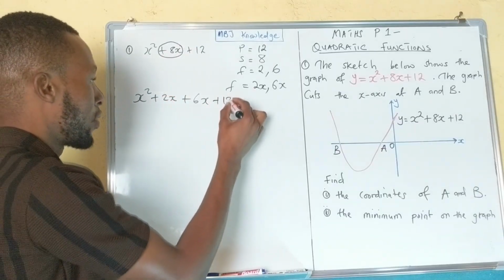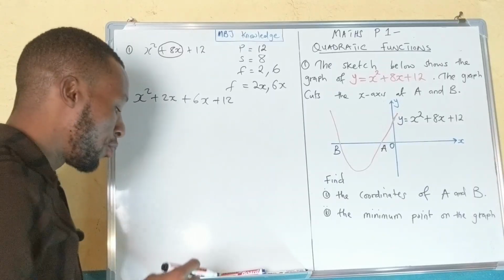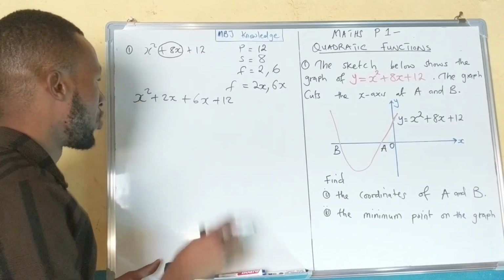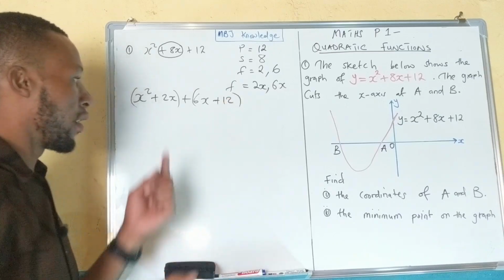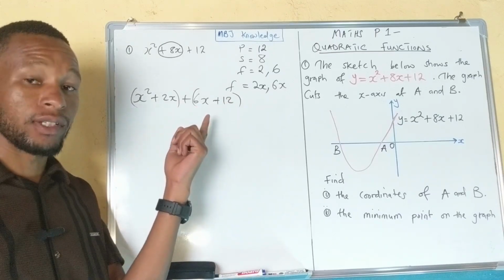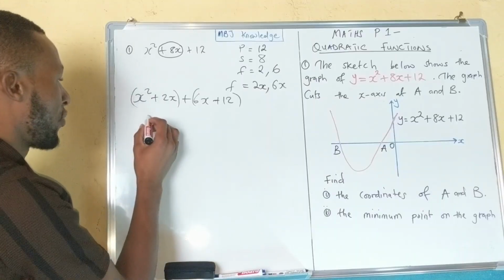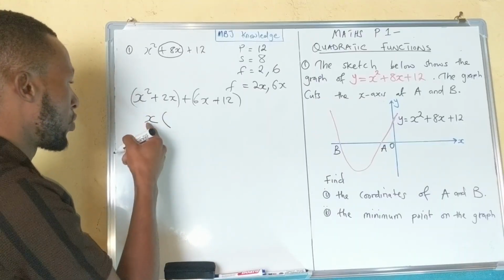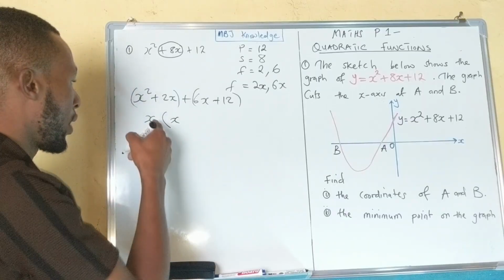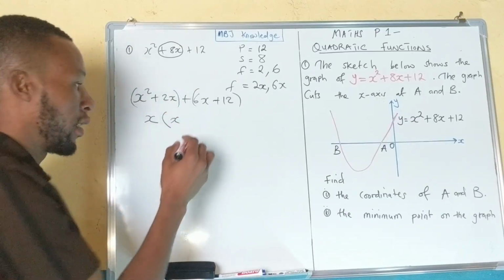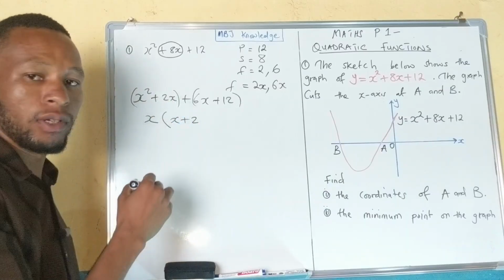then plus 12. Okay, so from here now we can use grouping factorization, where we group them. So this and this, this and that. I've kept the sign outside so that I don't forget it. Here, what is common? You'd find that x is common. What will remain? x into x, you remain with x there. x dividing into 2x, you will remain with a 2, because the x and the x will cancel.